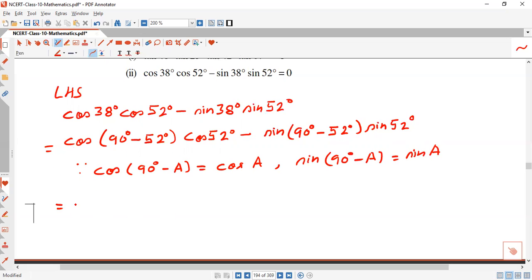So we are putting this value. Not this formula, I have put the formulas wrong.